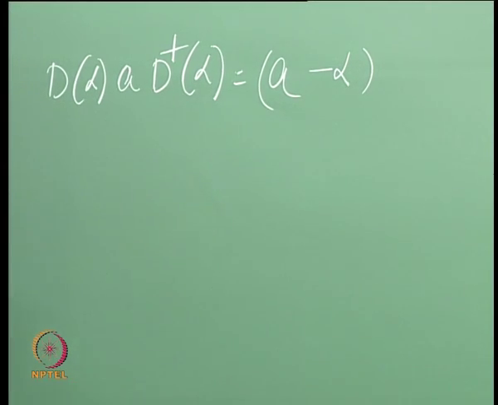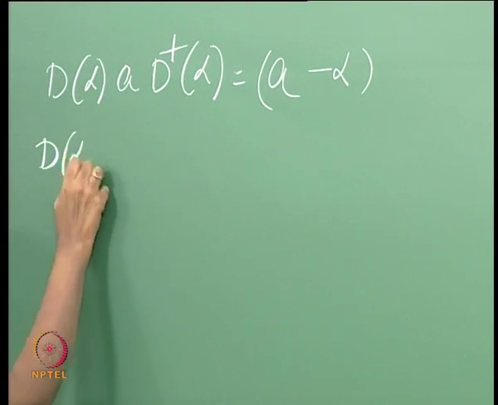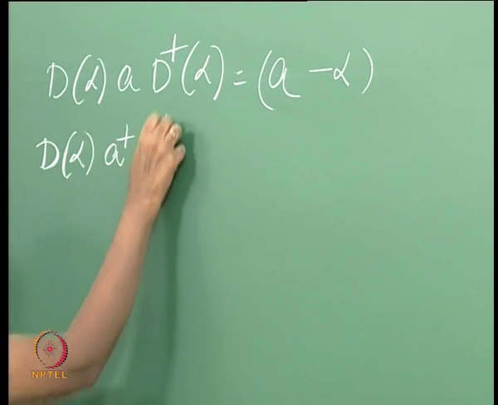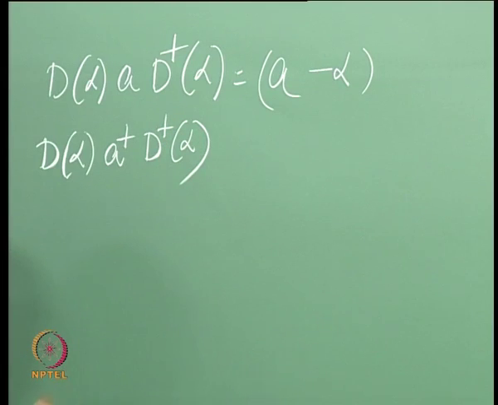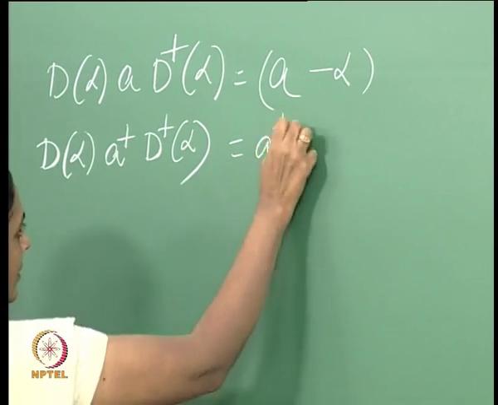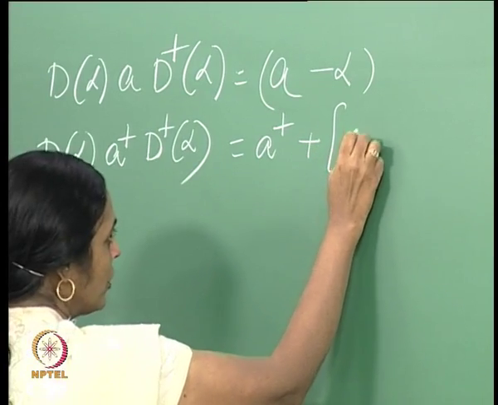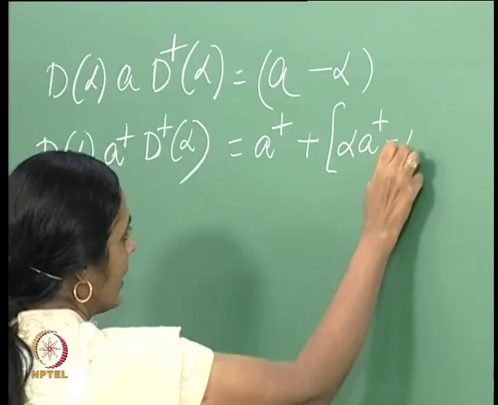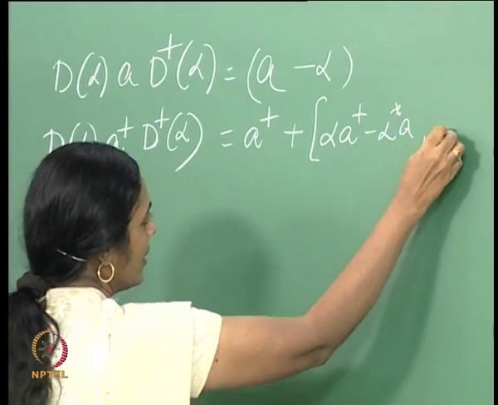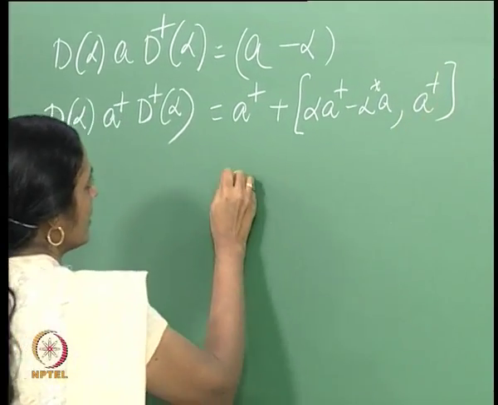Similarly, we can find D of alpha a dagger D dagger of alpha, that is a dagger, plus the commutator of A with B, which in this case is alpha a dagger minus alpha star a commutator with a dagger.